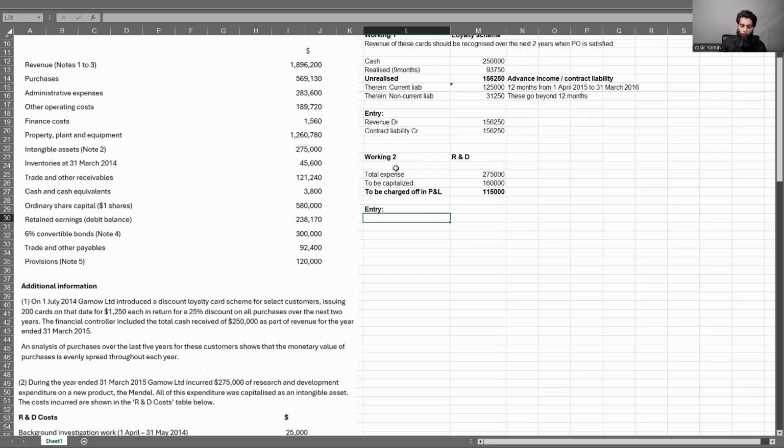Guys, most likely you will debit your P&L, let's say cost of sales, 115,000, and I can write a debit here. And you will credit your intangible assets. Make sense? P&L debit, intangible asset credit.